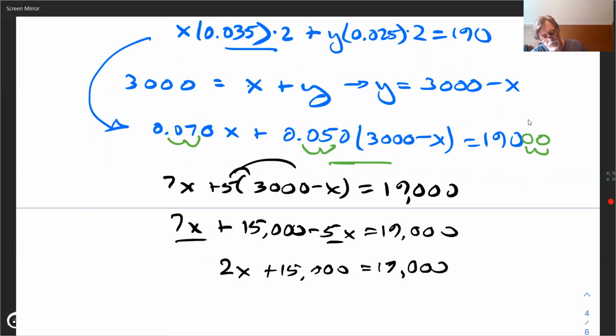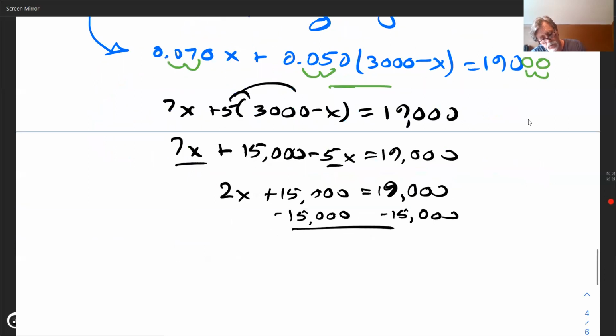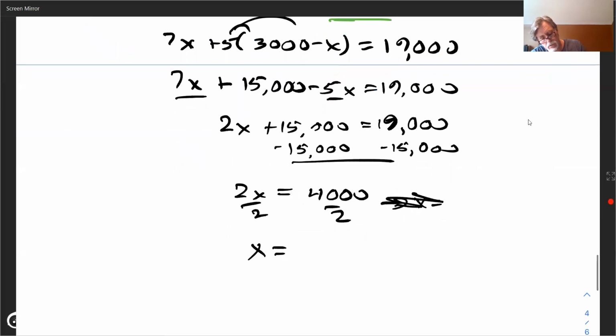Don't mess up your numbers. Subtract the 15,000. You done already? You guys are quick. So 2x is equal to 4,000. So when we divide, we get x is equal to 2,000.